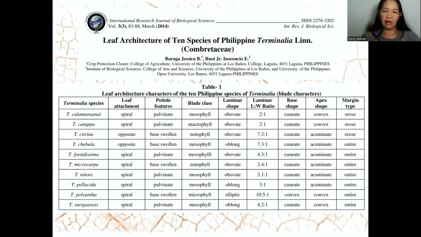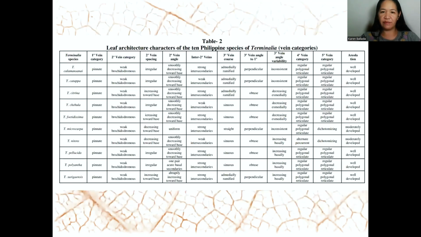So you have their leaf attachment, petiole features, blade class, laminar shape, laminar length to width ratio, base shape, apex shape, and margin type. In terms of their venation patterns or the fine leaf architecture, I apologize, the font is quite small, but you have it there in their paper.